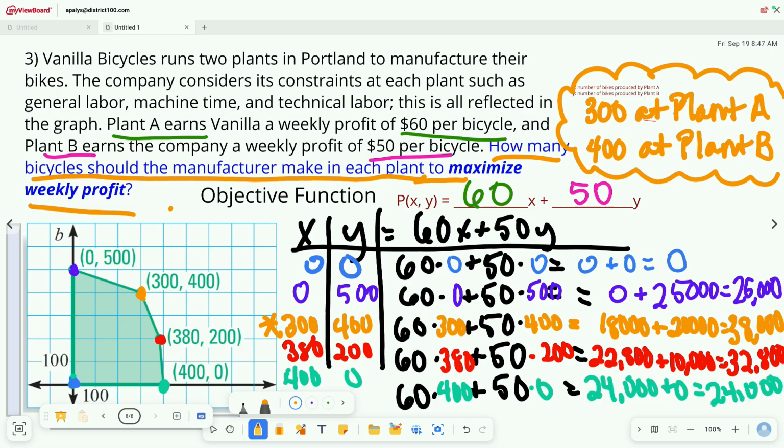Now, if they said, how much profit is the company going to make? Then your answer would be $38,000. Do you see how you really have to pay attention? I say this all the time. People who have had me before have heard this: answer the question they're asking, not the question that you want to answer.